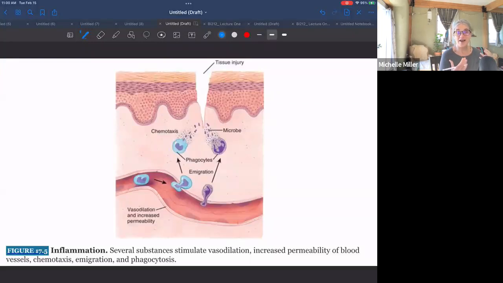Eventually, inflammation will cause the blood vessels to become leaky. And so we have a chemical that you have probably heard of, because in allergies, we take antihistamine. Histamine is a chemical that causes this swelling. And so it causes the blood vessels to be leaky.